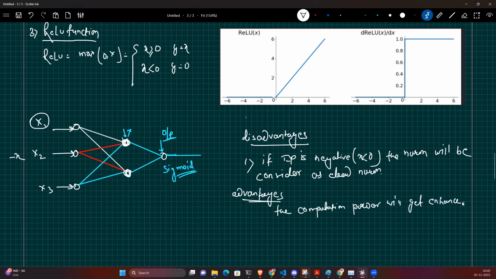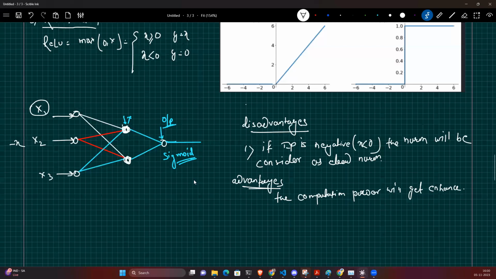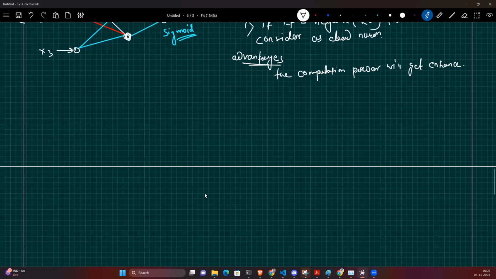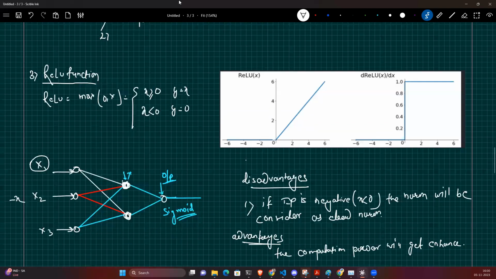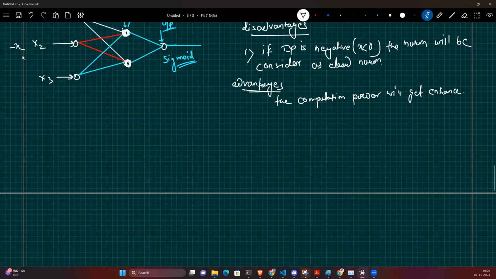This is the advantage of ReLU activation. Still, we use this activation function if we know no negative value will come from the input side. Then feel free to use it; we need not consider all these things.